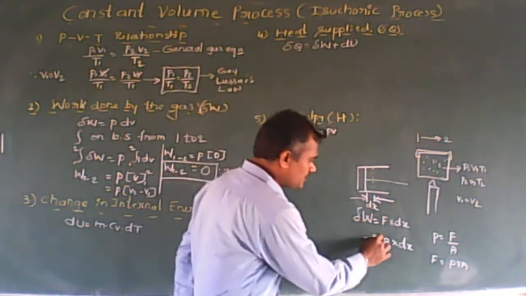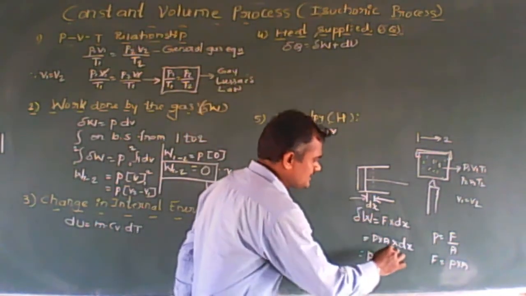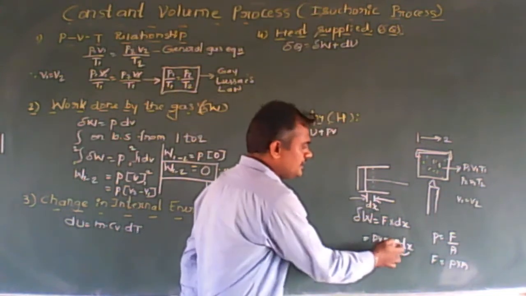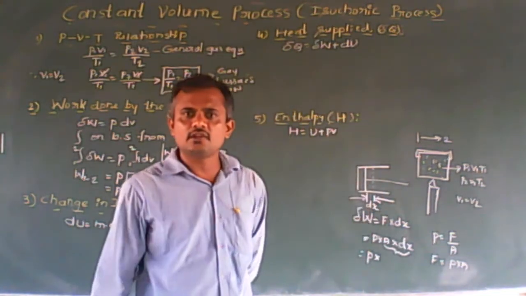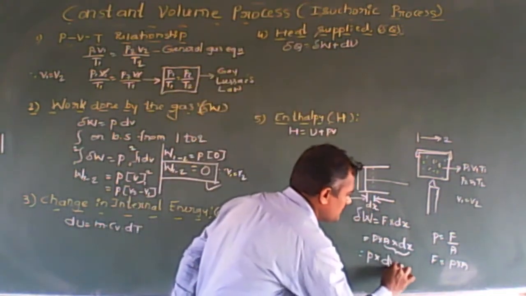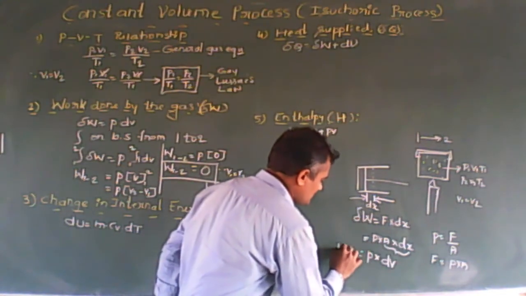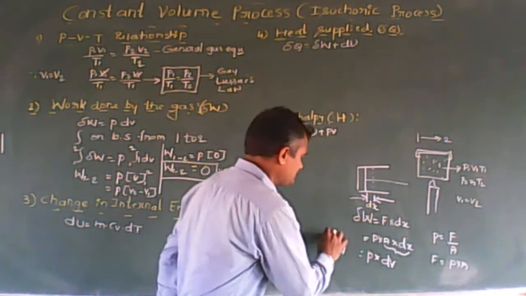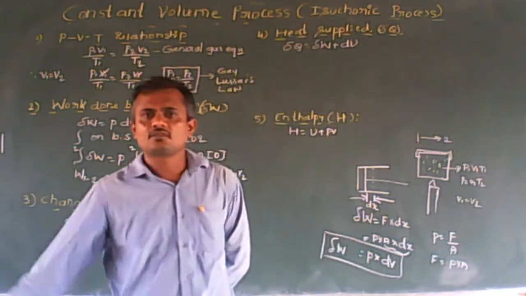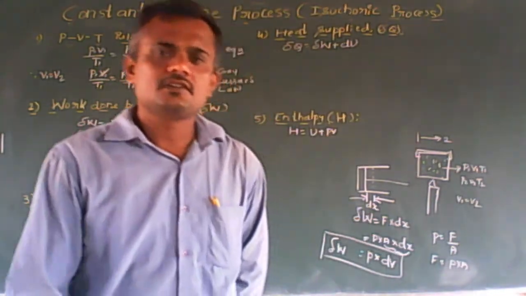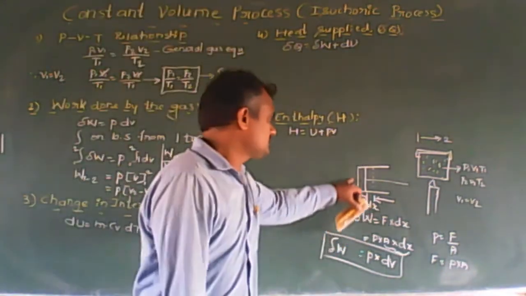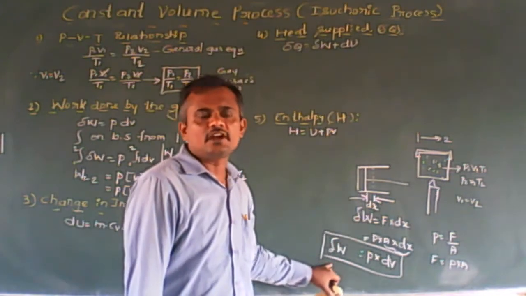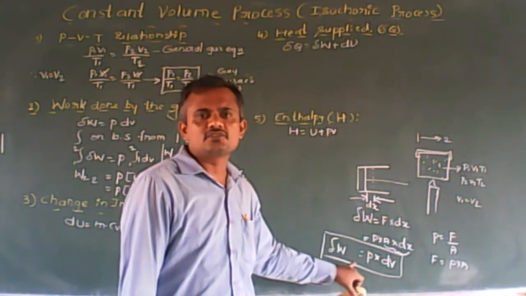So here what can we write? Pressure as it is, and area into length becomes dV. This is the general expression which we normally use, but don't concentrate on this derivation. Try to remember delta W is equal to PdV.